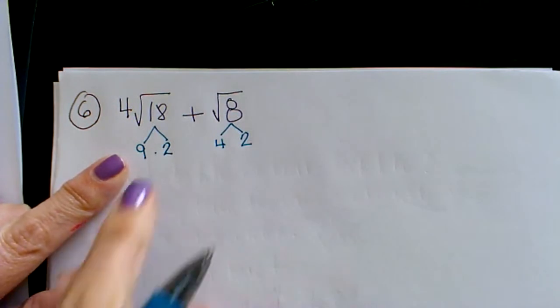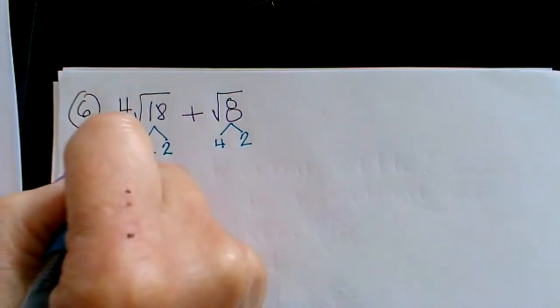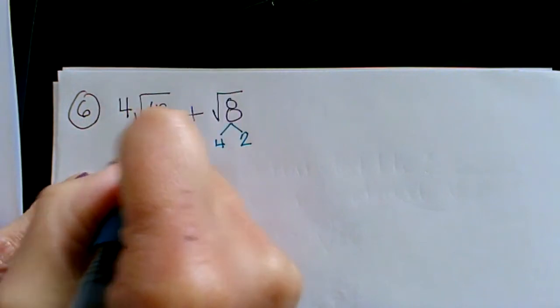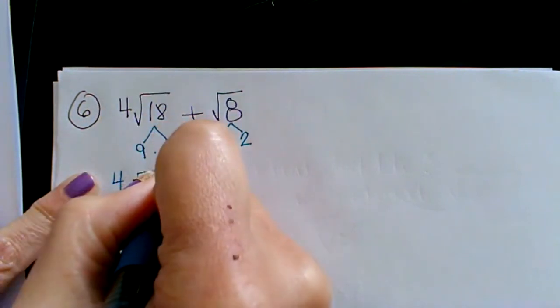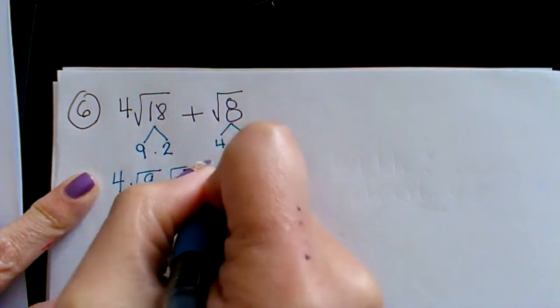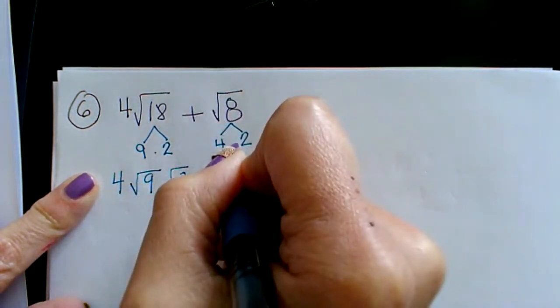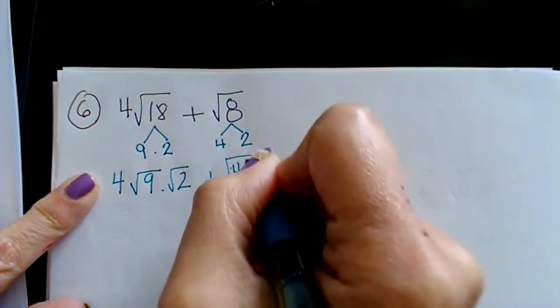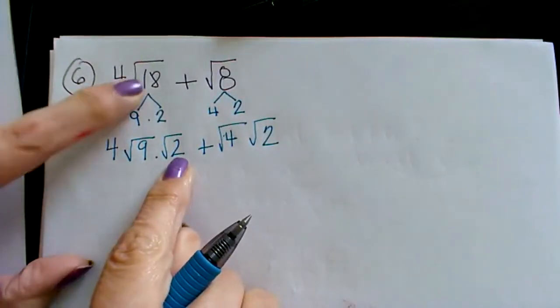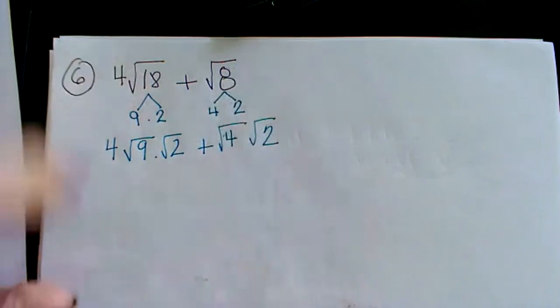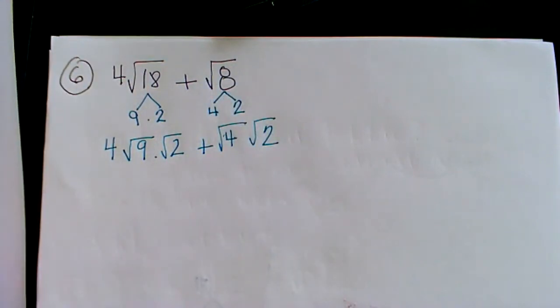Right? So we know that the square root of 18 we can write as the square root of 9 times the square root of 2. And this is going to be the same, the square root of 4 times the square root of 2. 9 times 2 is 18. 4 times 2 is 8.